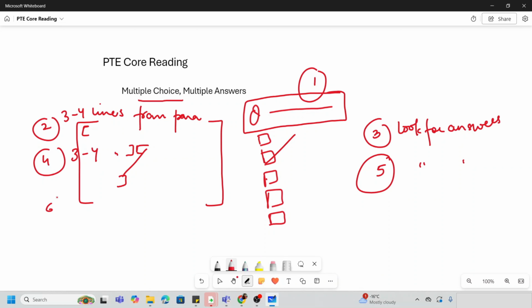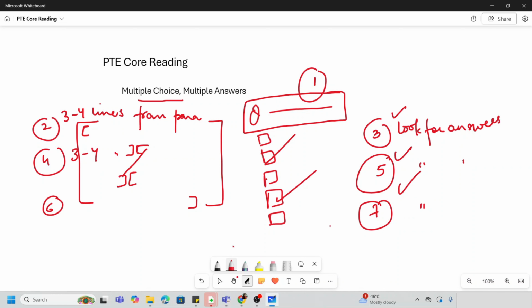Then go to the sixth pointer, that is read the last 3 or 4 lines, whatever they are, and then try to attempt the answers. If it matches, tick that up as the seventh pointer. So you can find the answers in any of the 3rd, 5th or 7th steps.